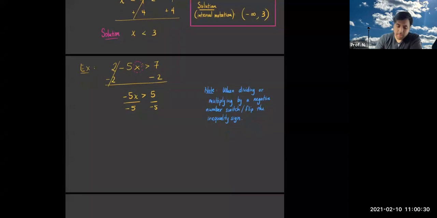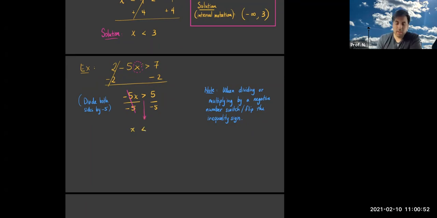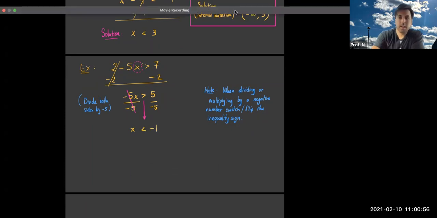So in this case, when I divide both sides by negative 5, these negative 5s here are canceled out. I get x on the left side. And then I have to switch the inequality symbol, and this becomes x is less than negative 1.